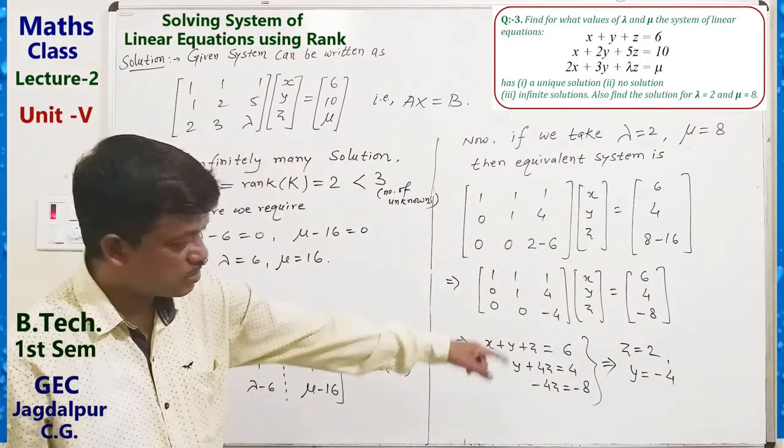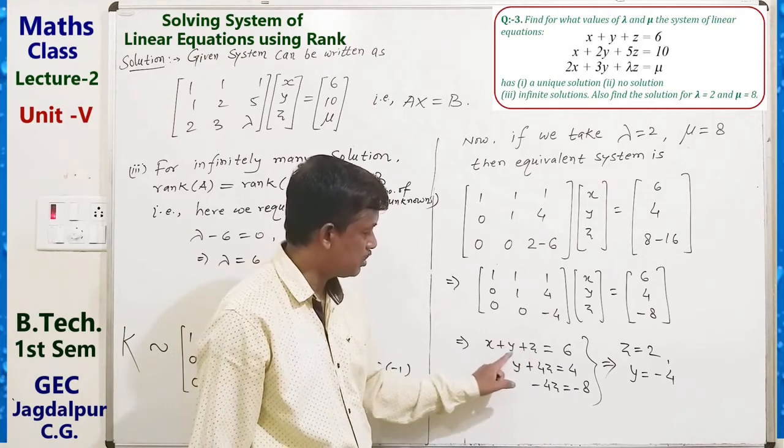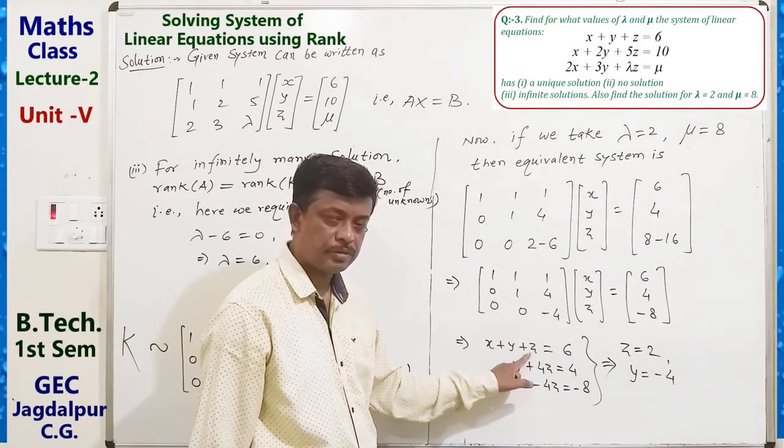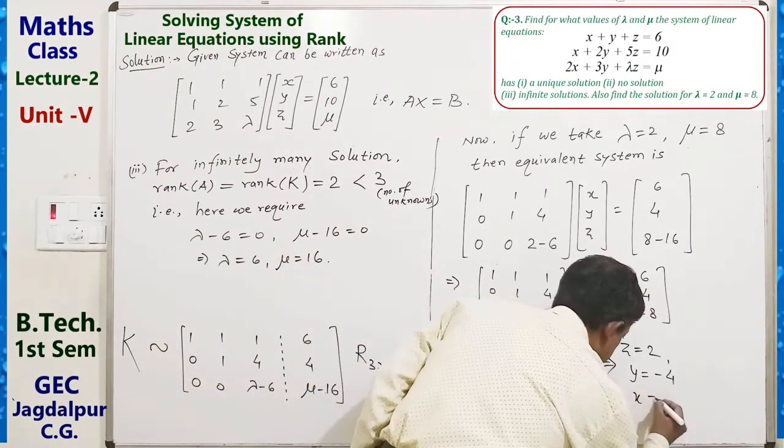Now y equals minus 4 and z equals 2. Minus 4 plus 2 is minus 2, so x equals 8.